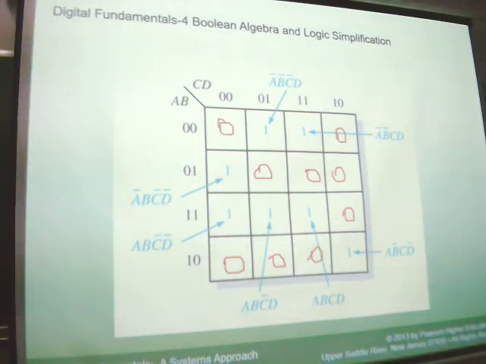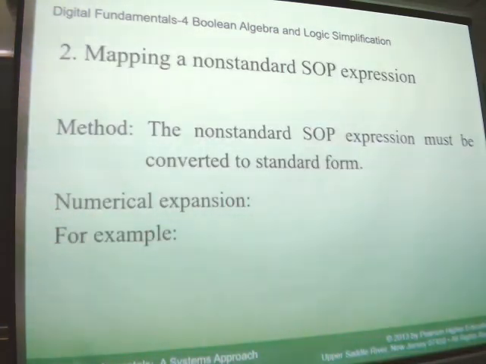If the expression is a non-standard SOP expression, we can also map it to the Karnaugh map. The method is to convert the non-standard SOP expression to standard form. For example, A B bar.